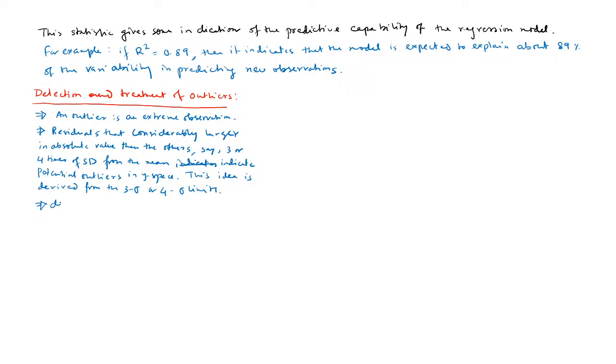Depending on their location, outliers can have moderate to severe effect on the regression model.